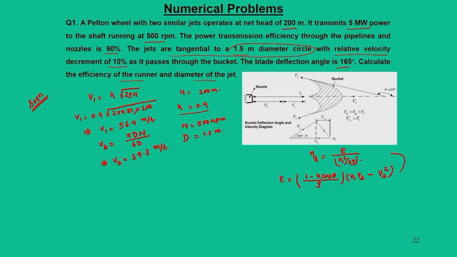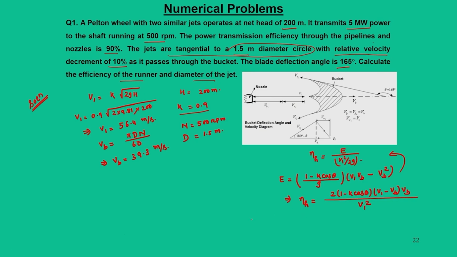So, putting this expression here, this hydraulic efficiency can be expressed as twice times (1 minus k cos theta) (V1 minus Vb) into Vb divided by V1 square.